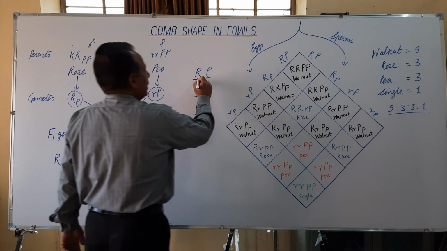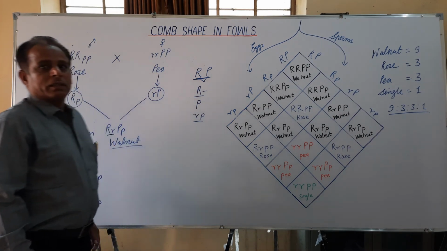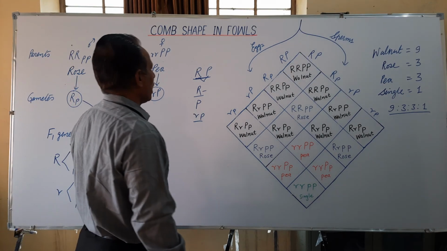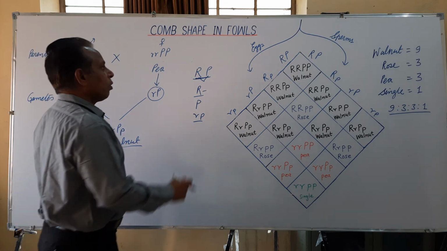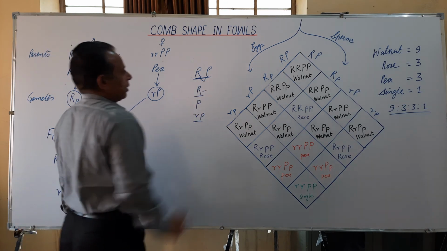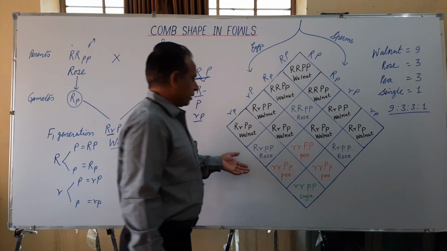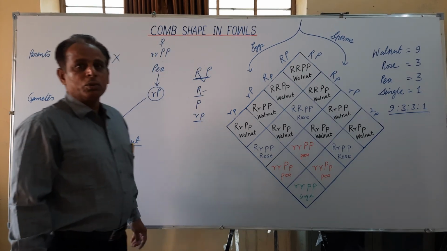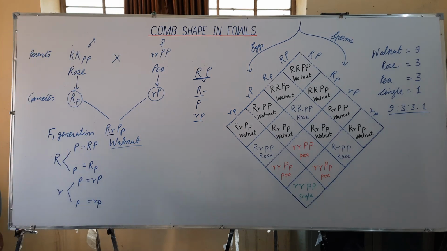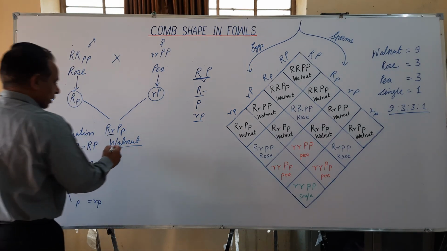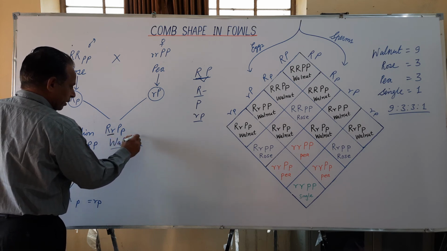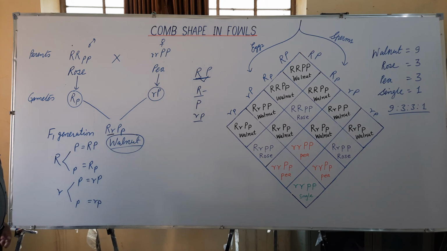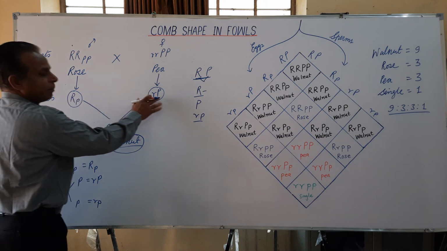These R and P interact in a different way, similar to the alleles of codominance. The results of the F1 and F2 differ in two unusual characters. First, in the F1 generation the chickens possess the walnut-shaped comb, which is not found in any of the parents.